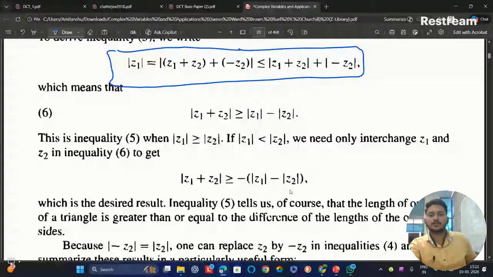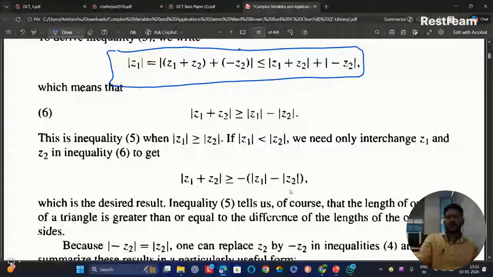Because minus Z2, when you put it in the modulus function, gives a positive value, you can replace that.